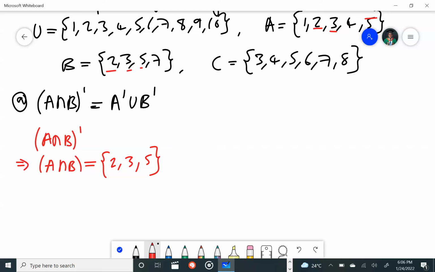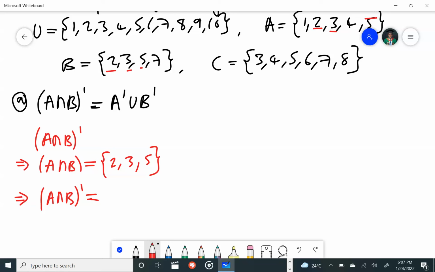Now we want to find the complement of this. So we look at our union. A intersection B complement is going to be the universal set minus everything that's in A intersection B. So we're going to write down the universal set, but removing the elements that are found in A intersection B, because then that would be the A intersection B complement, isn't it?